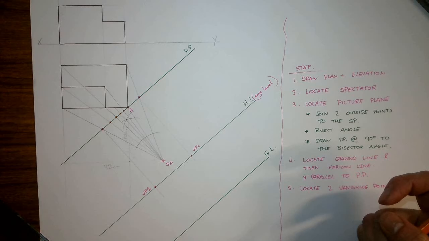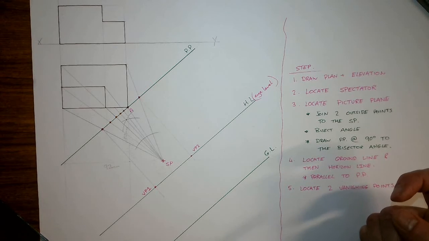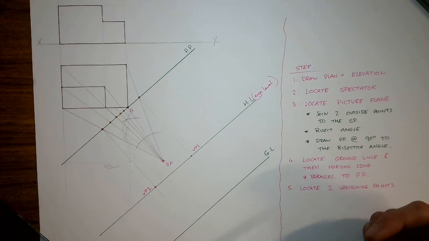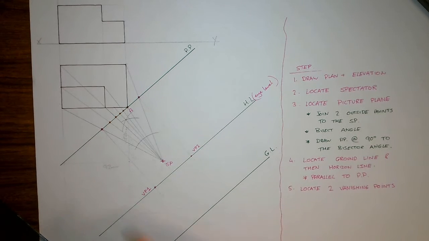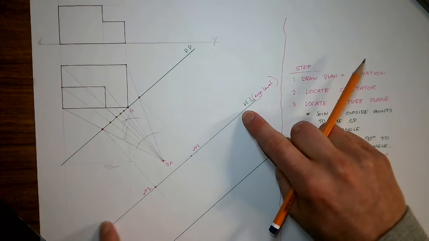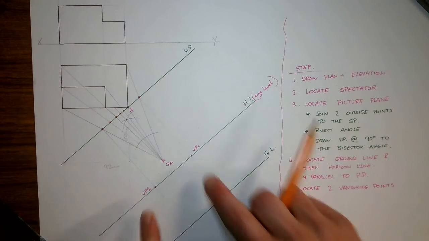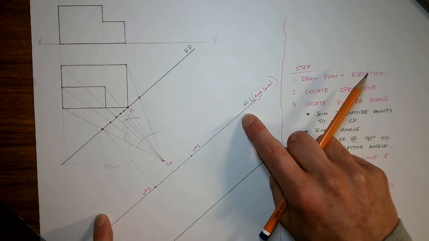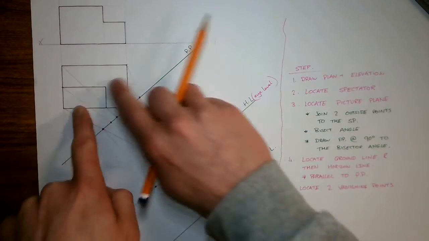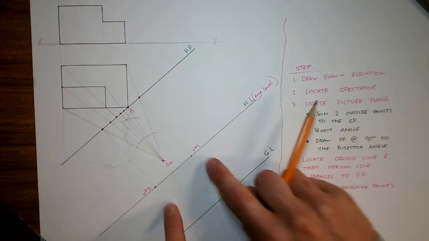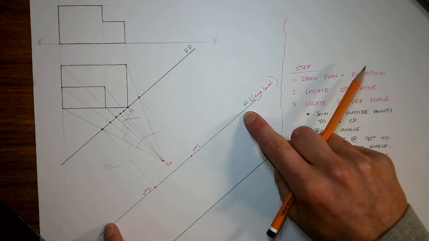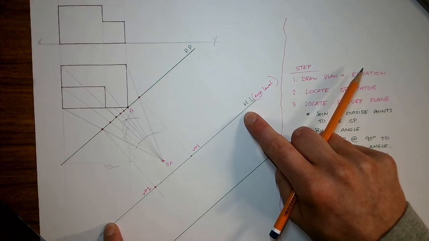Okay. Now, our vanishing points need to be out wider because our cone of vision is a lot wider than this. Okay. So to finish, before we start drawing our 3D or taking these points down, our two vanishing points need to be pushed out wide. Okay.